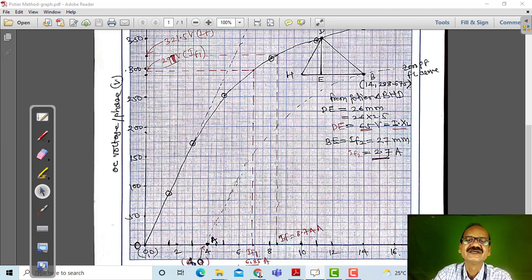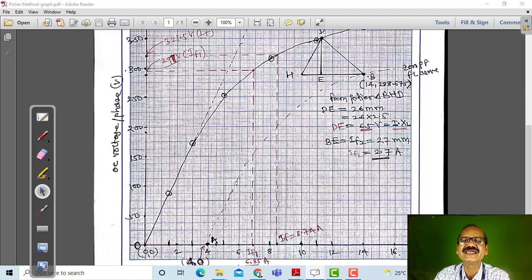Now draw the zero power factor full load curve just parallel to the OCC. Pay attention, OA is nothing but the field current required to circulate full load current equal to short circuit current, and that is measured to be 4 centimeter.